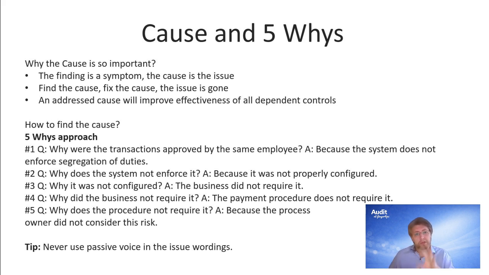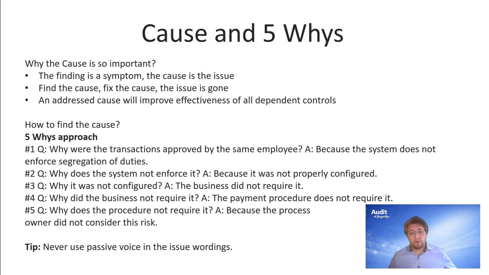And I just want to reiterate why the root cause analysis is very important, because the findings we saw, for instance, that the transactions were created and approved by the same people, are just a symptom. It's not the root cause. The second is when you're fixing the cause, you're fixing the whole issue. And if the root cause may relate to multiple processes, once you fix it, the issue will disappear from all the processes, from all the users impacted, all the employees impacted.